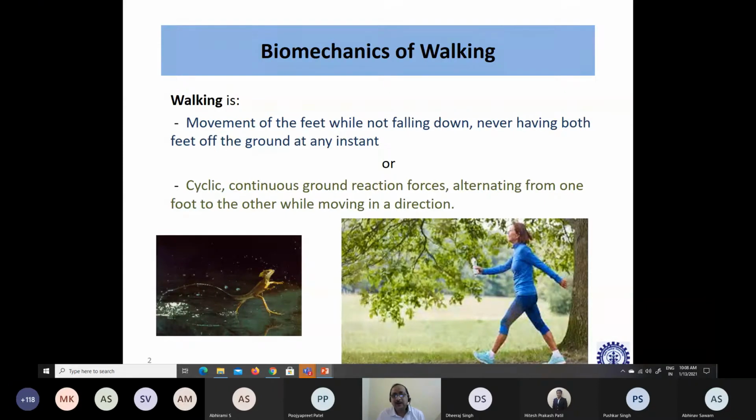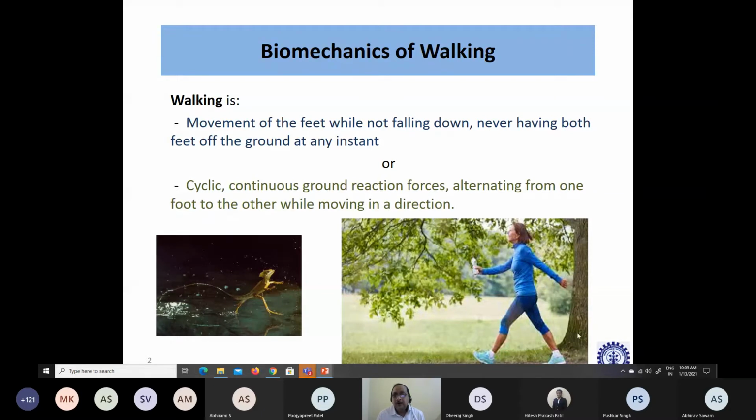Walking can be defined as movement of the feet without falling down, never having both feet off the ground at any instant. Or it can be defined as a cyclic, continuous set of ground reaction forces alternating from one foot to the other while moving in a direction.